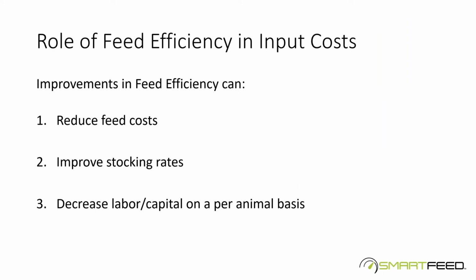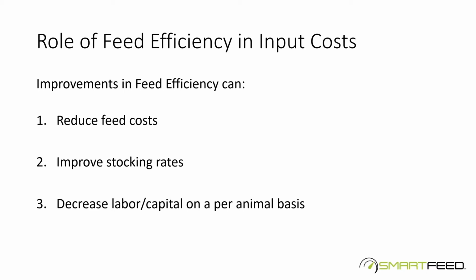So, to simplify things a little bit, feed efficiency is one of the big drivers in input costs. It's a fairly intuitive slide here, I think, but as we think about improving feed efficiency, we certainly understand that it holds lots of potential to reduce feed costs.